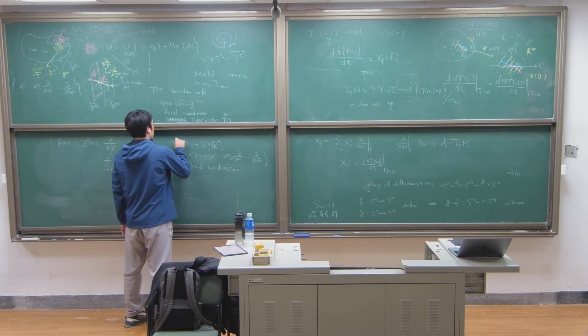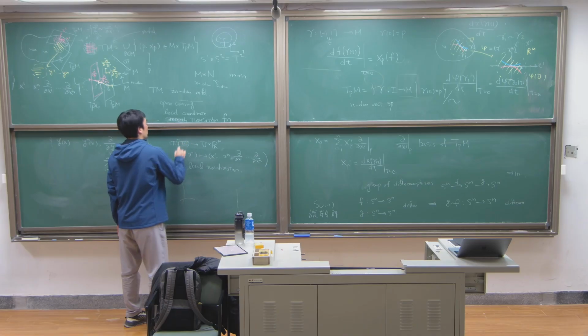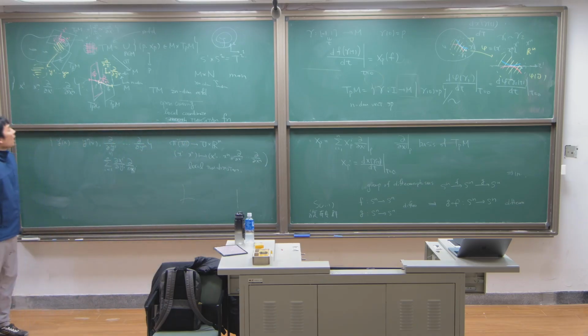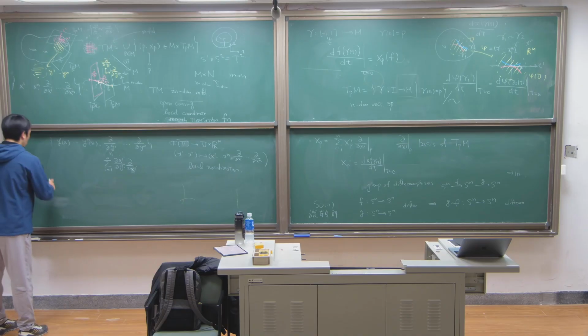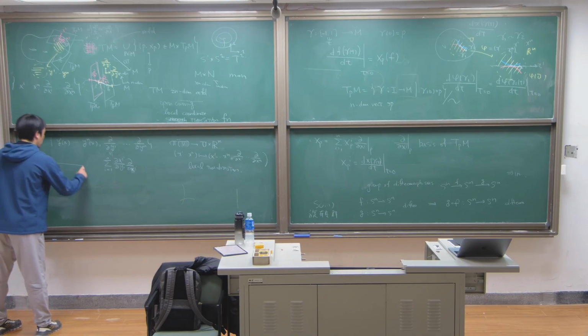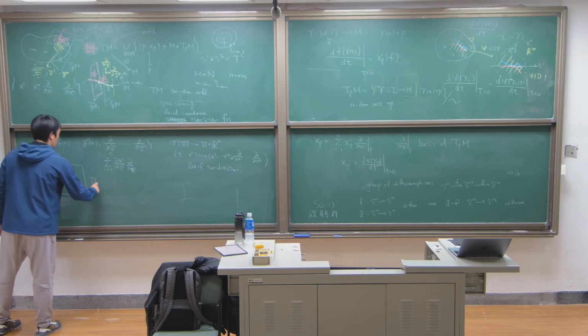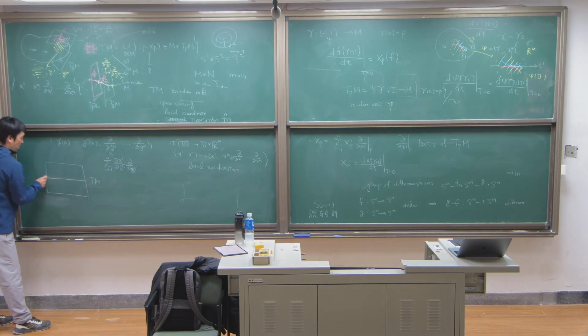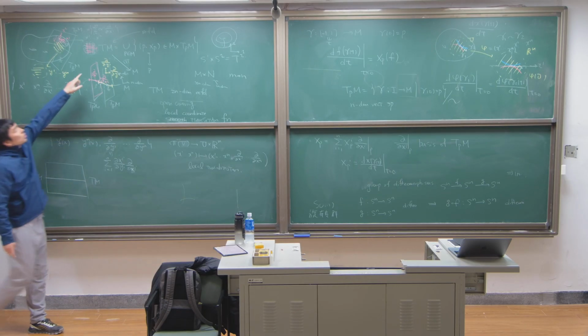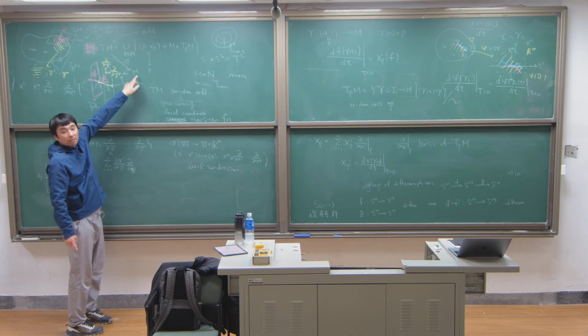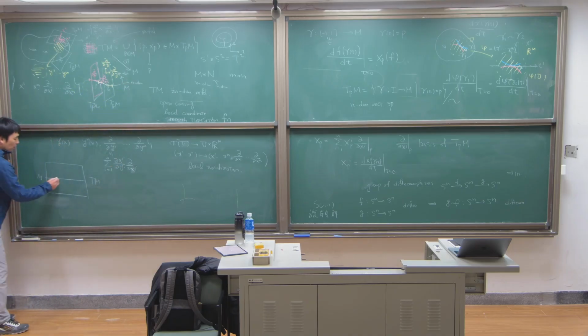Pi inverse of U. So what I meant is, you have a tangent bundle TM and you have a manifold M. Pi is just the projection to M itself. So at each point P, you have a tangent space, TPM.